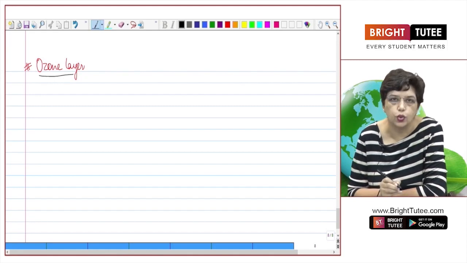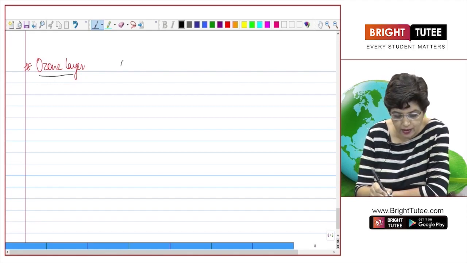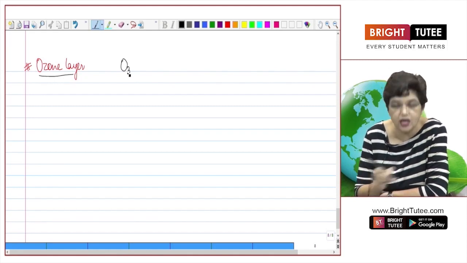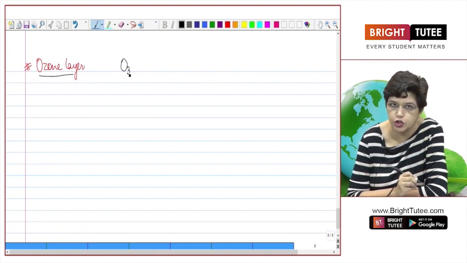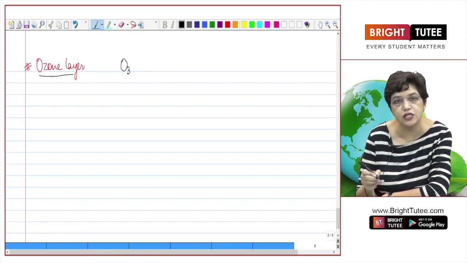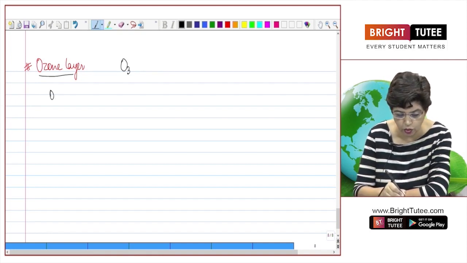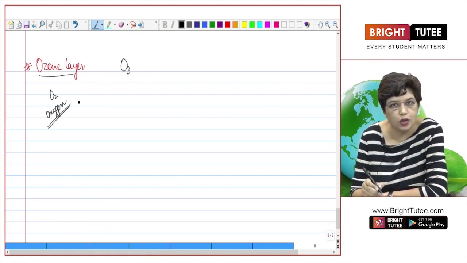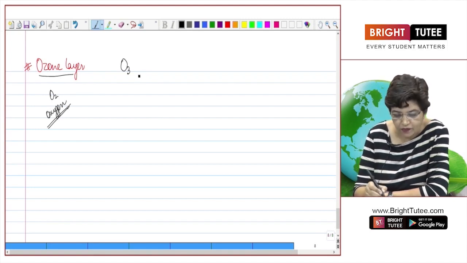Firstly, what is ozone? Ozone is a chemical compound containing 3 atoms of oxygen, that is O3. The normal oxygen which we breathe in contains 2 atoms of oxygen, that is O2, which we call oxygen in general terms. Ozone contains 3 atoms of oxygen, O3. Now, where is it present?